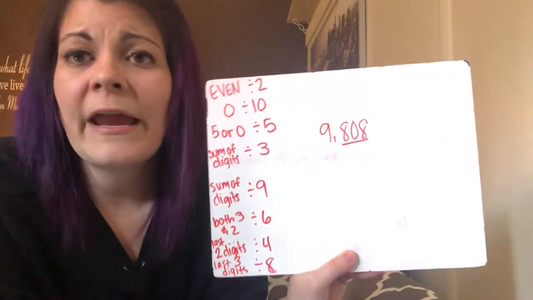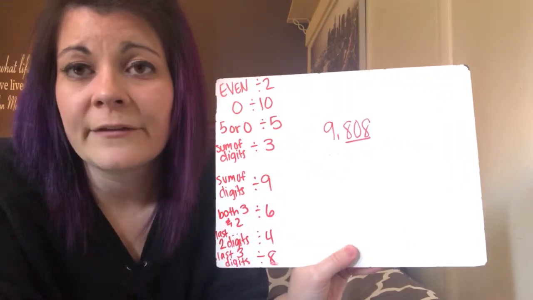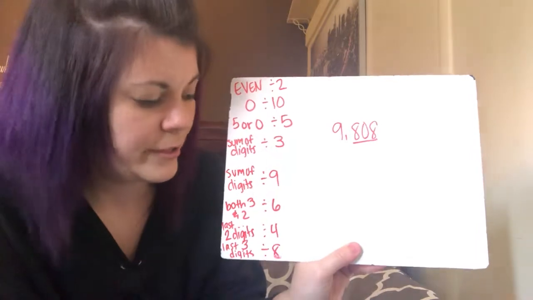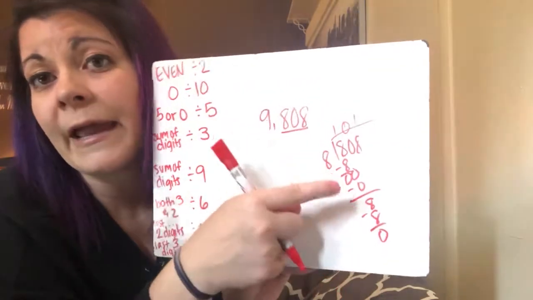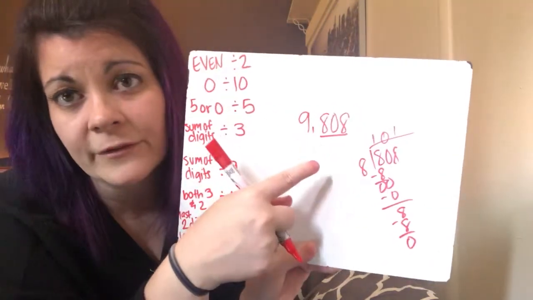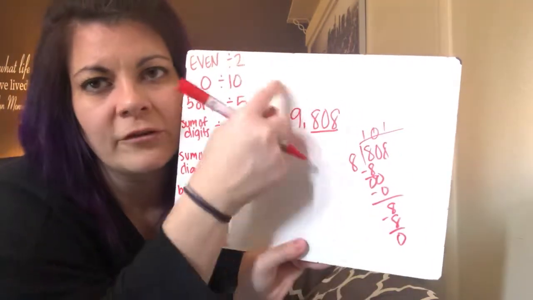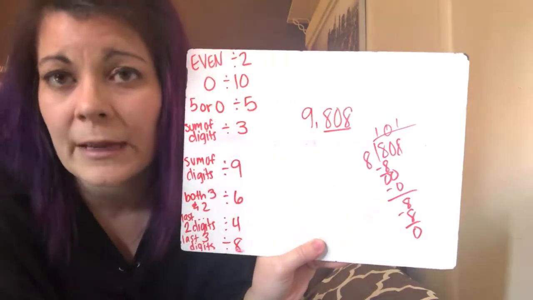So like 9,808, the last 3 digits are 808. 808 is easier to deal with than 9,808. So I could say, let's see if that's divisible by 8 really quickly. I could do this super quickly and know that it's divisible by 8. So this whole number is divisible by 8. This was easier than doing the whole number.